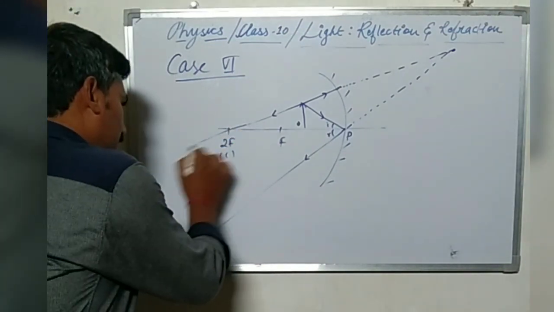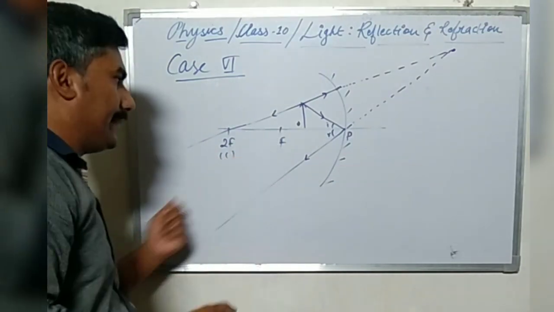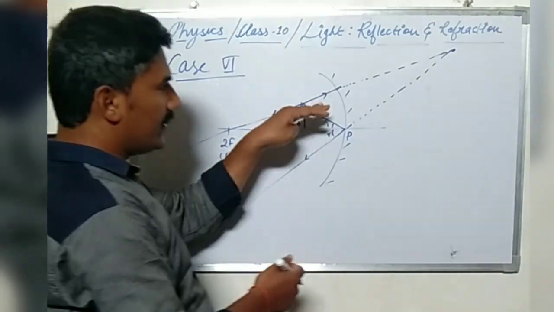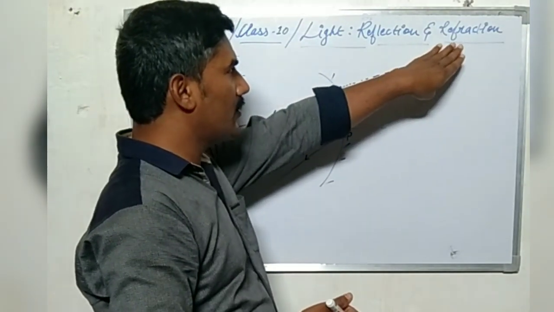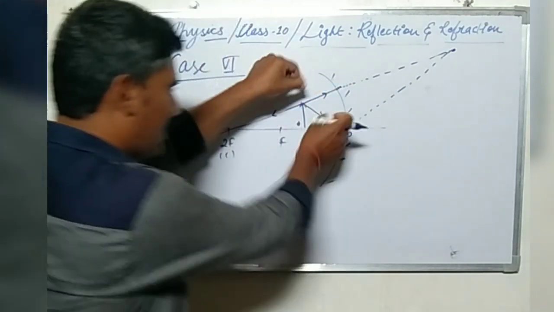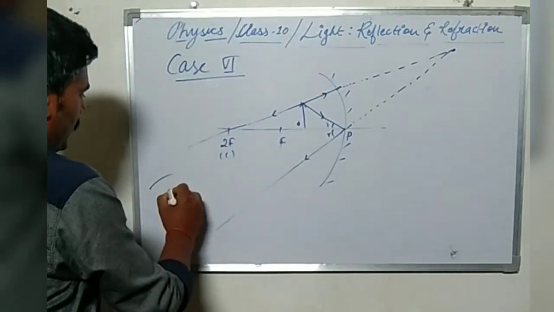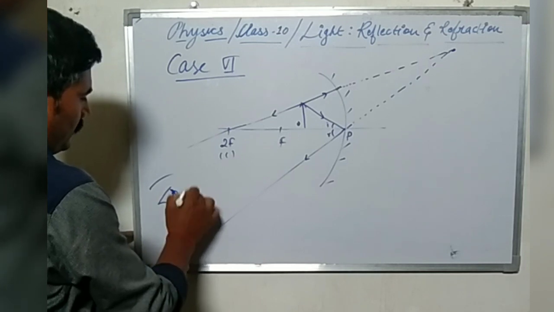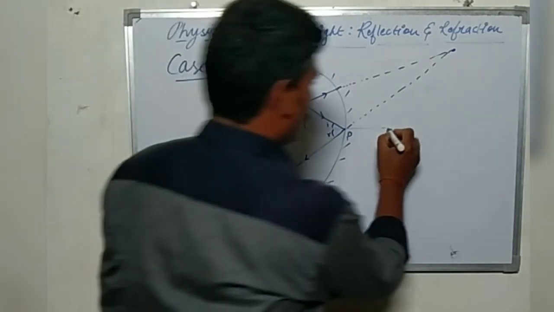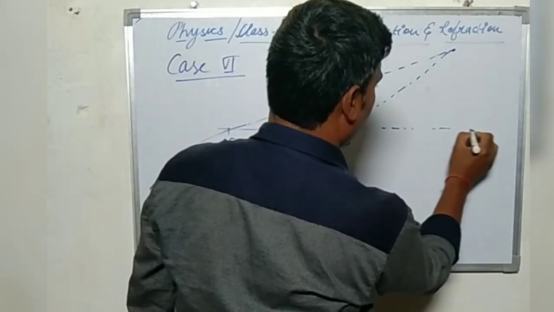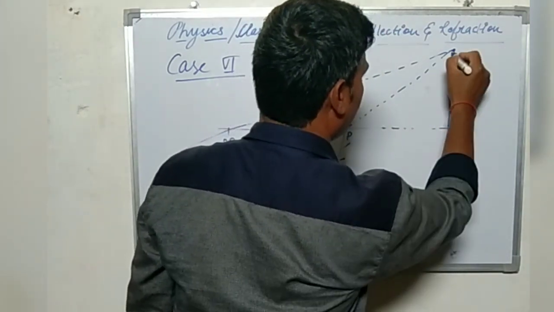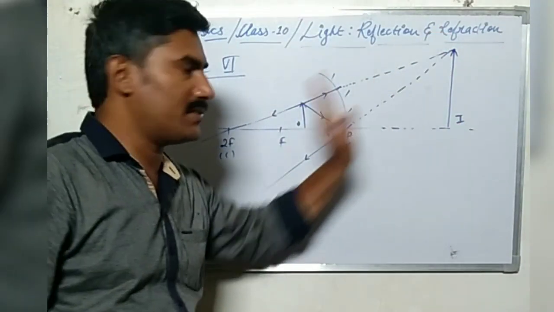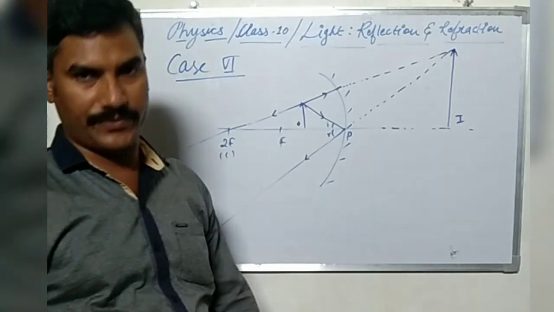we project it behind the mirror. So the rays will not meet here in front of the mirror, but it appears that there is some source of light from where the rays are coming. If you see from here, the image will be formed behind the mirror and will be magnified in size compared to the object.